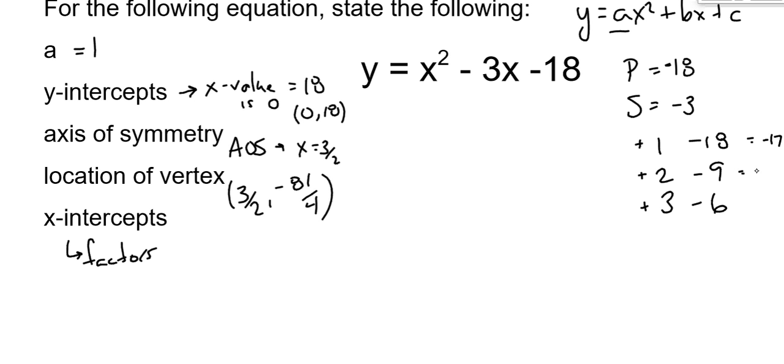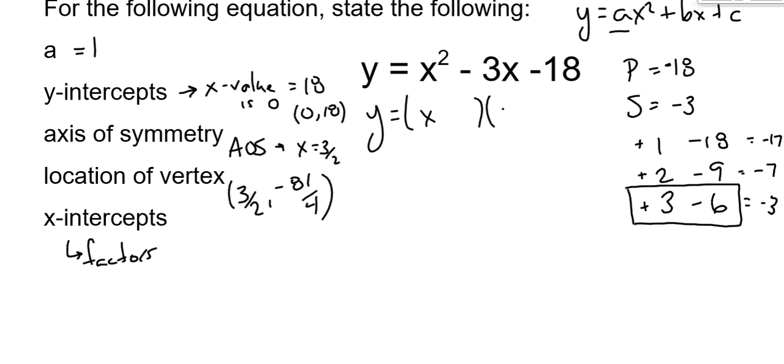This one is -7, and this one is -3. So obviously, this is my solution for factoring. Again, if you don't need to do that, that's fine. So y equals x and x, and one would be +3, the other would be -6. So those are our factors.